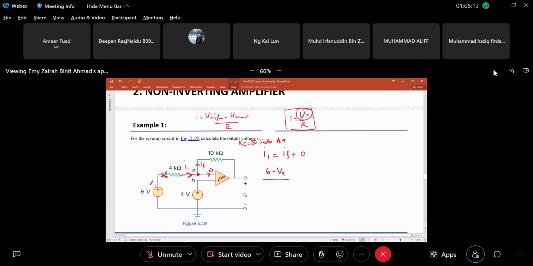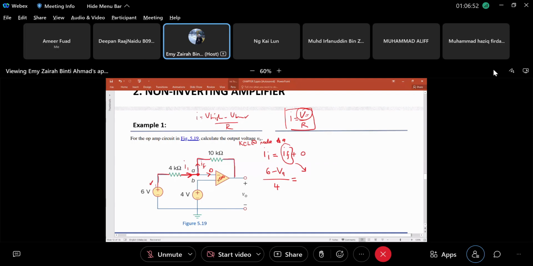Okay, continue. 6 minus VA divided by what value of resistor do I need to use? Oh, okay, 4. Correct. And then what else? I need to derive this IF. Since the current is flowing through here, where does this connect to?